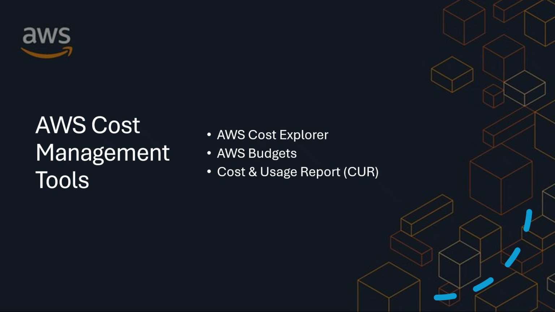For deep analysis, the Cost and Usage Report provides the most granular data and is commonly used for automation, BI dashboards, and enterprise-level cost reporting. These tools collectively ensure continuous cost optimization across all compute workloads.